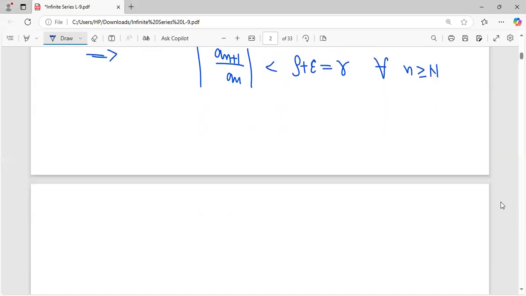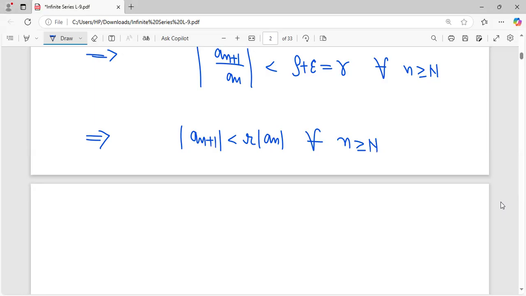So this implies a_(n+1) is less than R times a_n for all n greater than capital N.